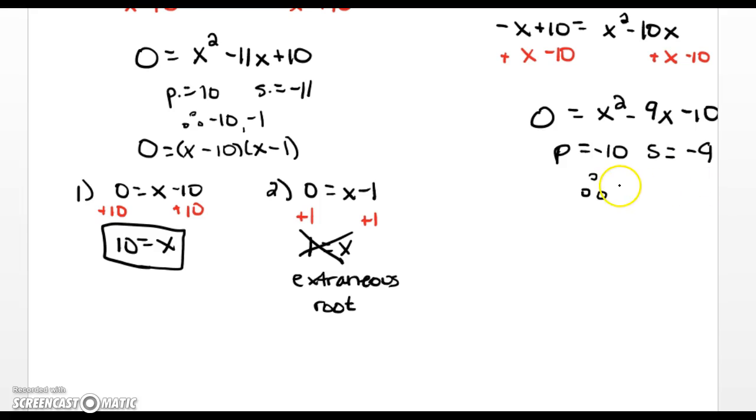Those two numbers are negative 10 and positive 1. Once again, I'm going to write 0 is equal to, and draw two sets of brackets. My variable goes on the left-hand side, so that's x and x. Then these numbers will fill in the two brackets. So we have x minus 10, and this here is a positive 1, so we're going to write plus 1.